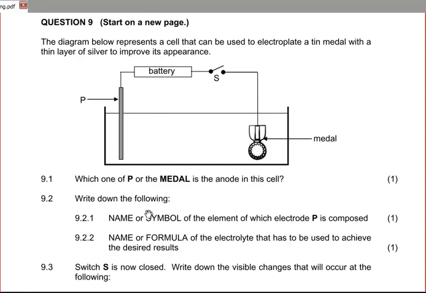Right? Our question 9.2 says, write down the name or a symbol of the element of which electrode P is composed. Since we want to coat our metal with a thin layer of silver, definitely the element which we have on electrode P there is silver.